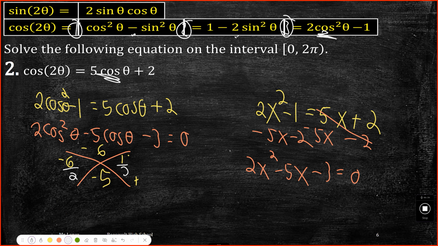Negative 6 divided by 2 is negative 3. Circle that, circle this, and we go directly to x equals, where x is cosine. So cosine theta is equal to 3, and cosine theta is equal to negative 1/2.